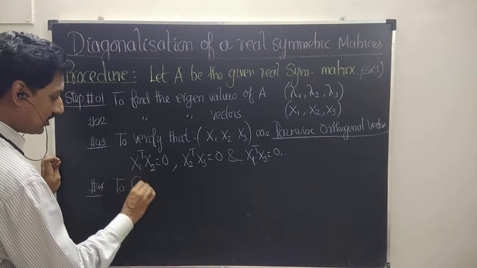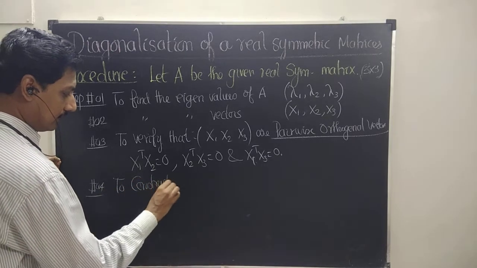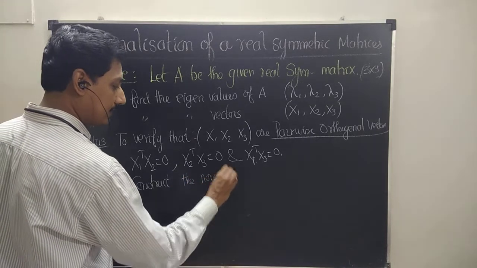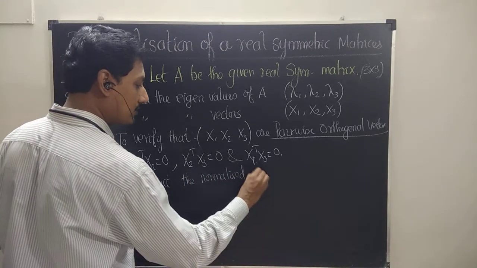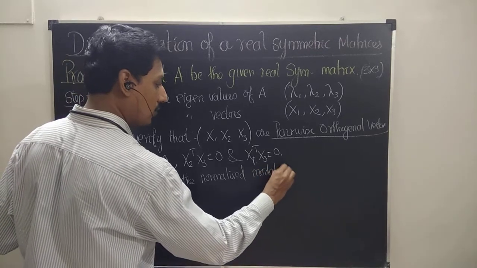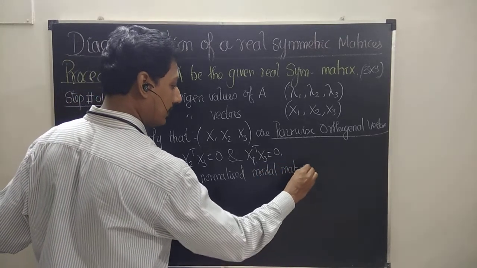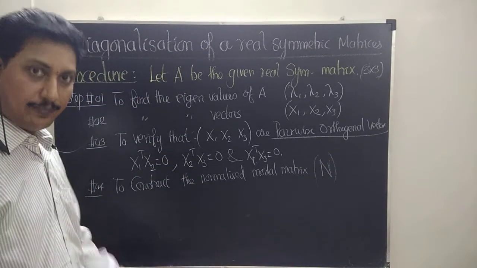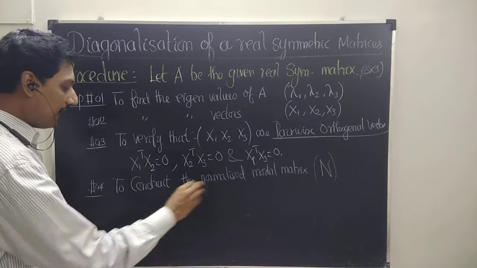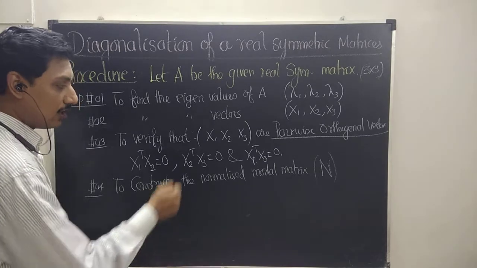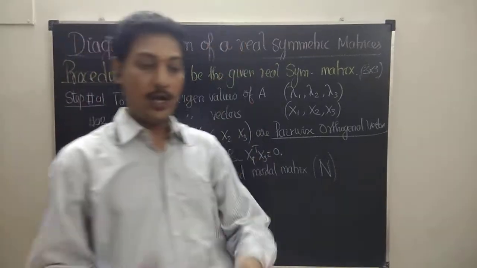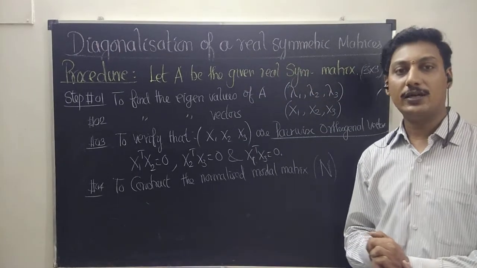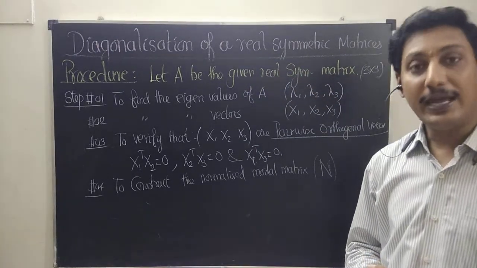Let us construct the normalized modal matrix. What is the normalized modal matrix? The normalized modal matrix N is nothing but the matrix whose column vectors are the normalized eigenvectors.